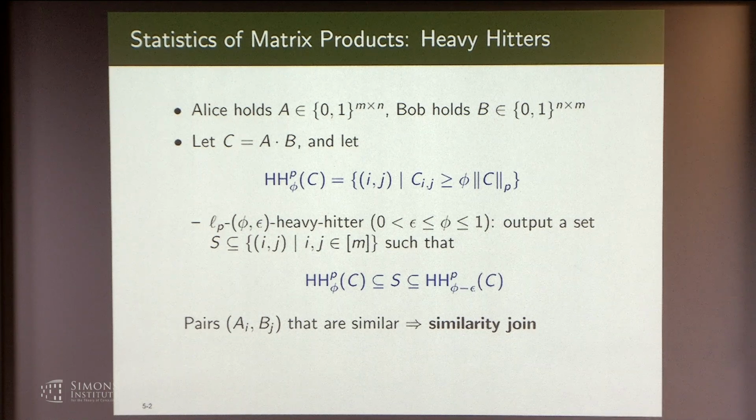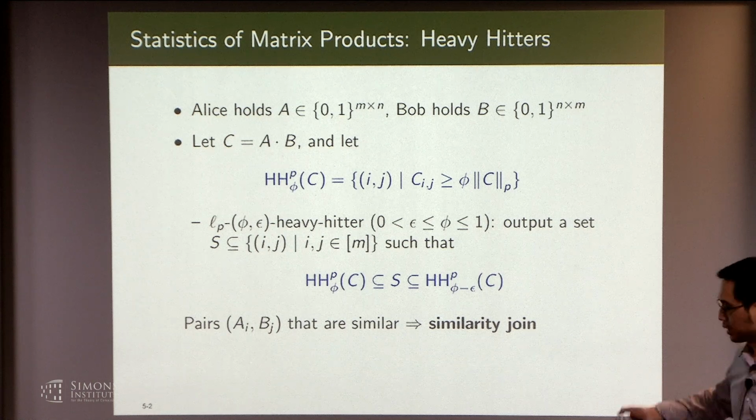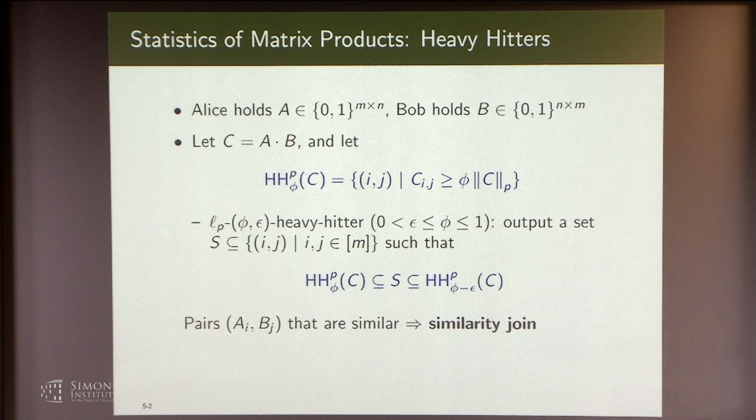We want to output all the Cij's that are bigger than phi times the p-norm of C, and not output anything that is smaller than phi minus epsilon fraction of the p-norm of C. For those in between, we don't care. This corresponds to the similarity join in the database setting. Again, this is a very important problem in databases.